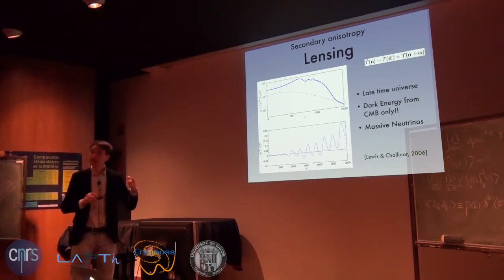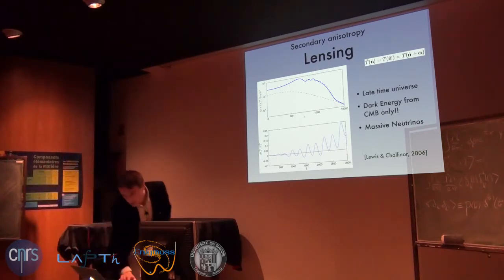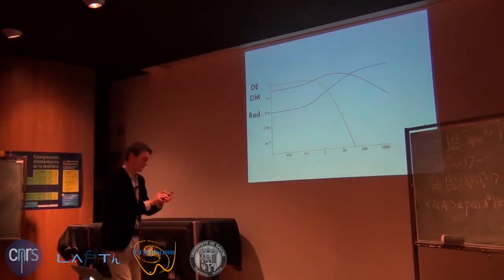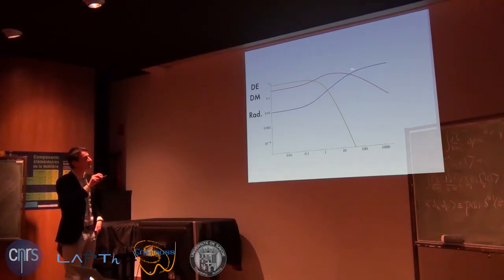This lensing is an effect on the photons in the late universe. So if I can quickly jump back to the slide in which I showed the matter content. The photons are emitted here, and they travel to us. So everything that happens in the universe between last scattering and here affects the lensing of the photons.